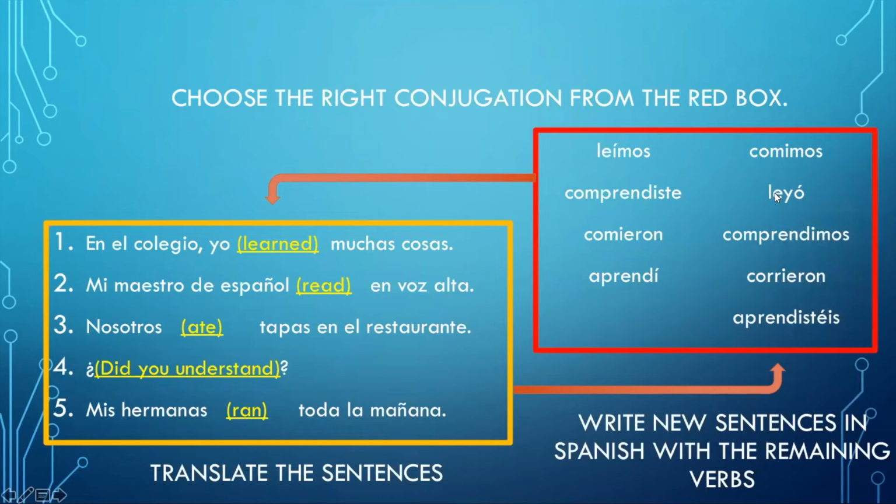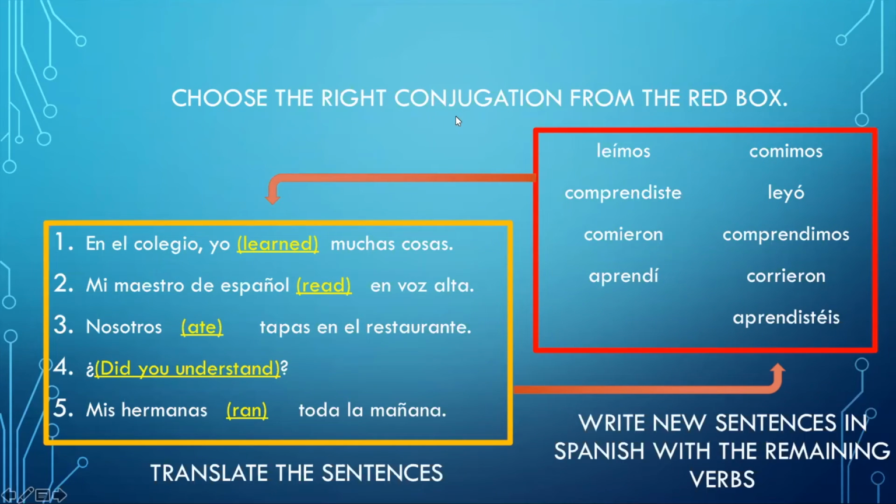So we want to avoid having three vowels, E, I, O. Instead, we just put Y in the middle. There's a very common rule in Spanish when you have three vowels all at the same time, like E, I, O, then that I turns into a Y to make it look better.